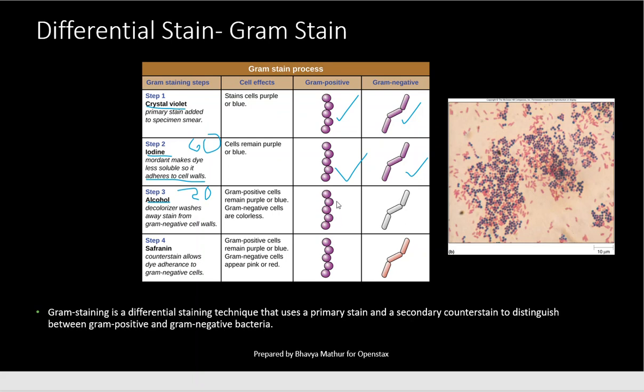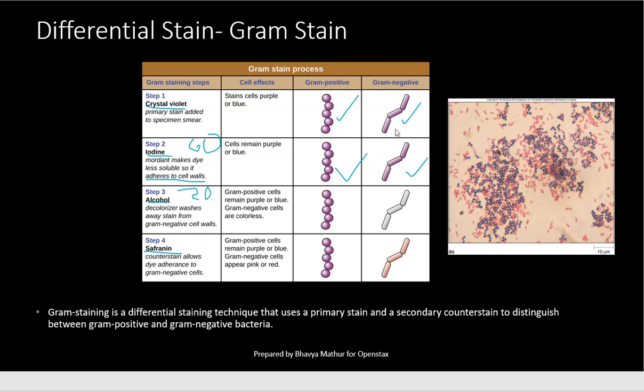Gram-positive, it's not going to wash off because it's already been absorbed. The gram-negative is kind of superficial. It's going to be washed off. And then lastly, you're going to take another stain called safranin. You're going to stain these specimens with it, but the gram-positive have already been stained with the crystal violet.